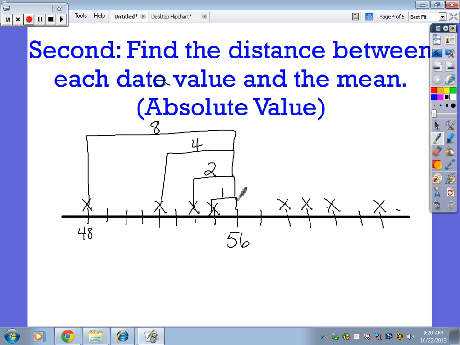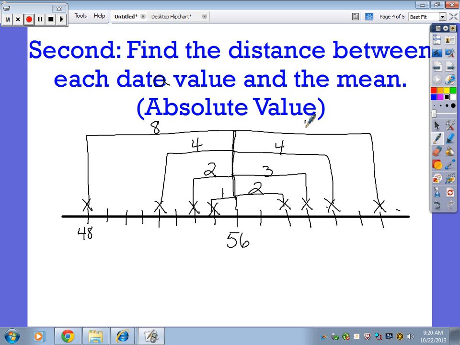Going this direction, we've got a 2, and then we've got a 3, and then we've got a 4, and we have a 6. All right, so now we have found how far away each piece of data is from the mean. And we're talking absolute values, so even though these go to the left, they are not negative. They are all positive numbers.